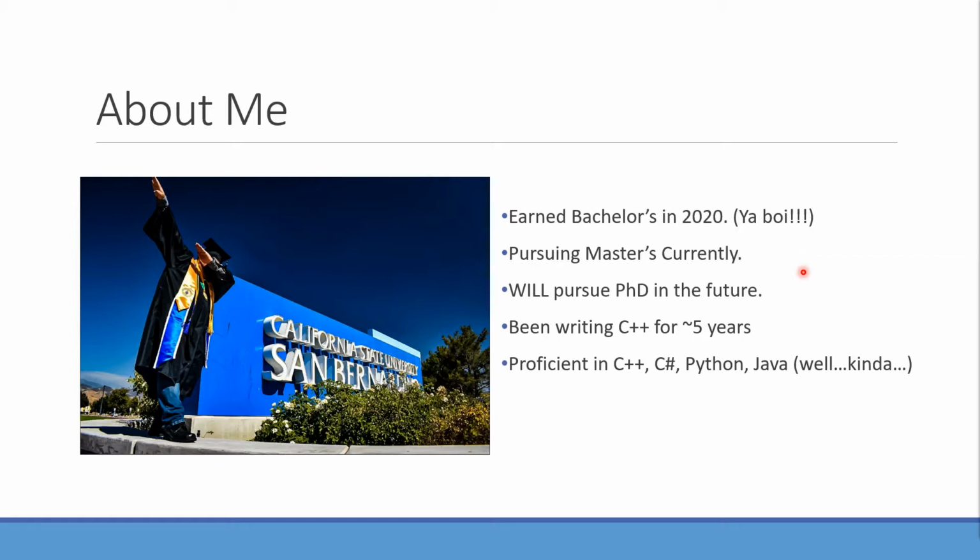In case you didn't know, I'm also going to be pursuing my PhD in computer science in the future, because my dream one day is to become a computer science professor. Well, an actual professor, not a student instructor like I am now. I've been writing C++ for well over 5 years, and I'm proficient in C++, C#, Python, and a little bit in Java.